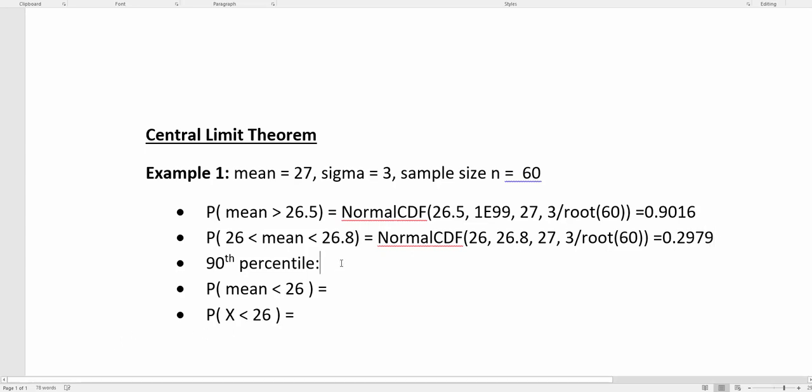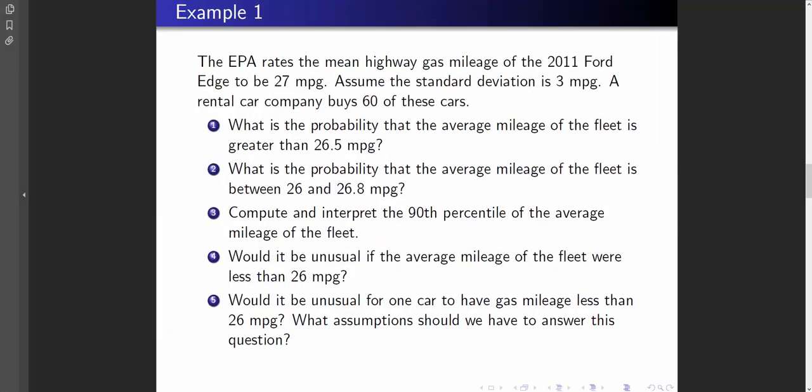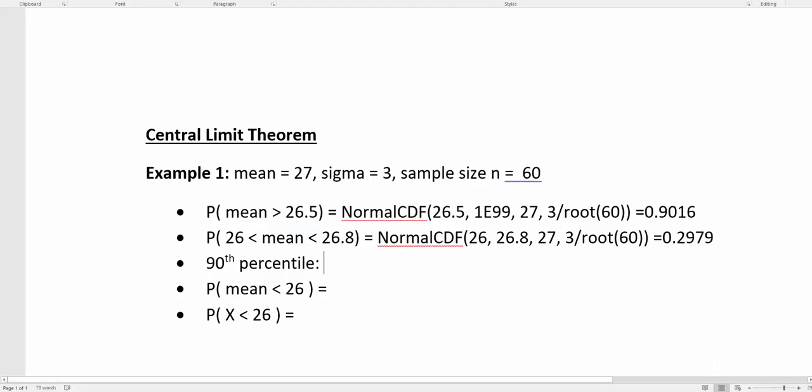Okay, 90th percentile. What would this represent? Compute and interpret the 90th percentile of the average mileage of the fleet. Remember, percentiles are computed using the inverse normal command. The area to the left is 90%, or 0.9 as far as the probability goes.